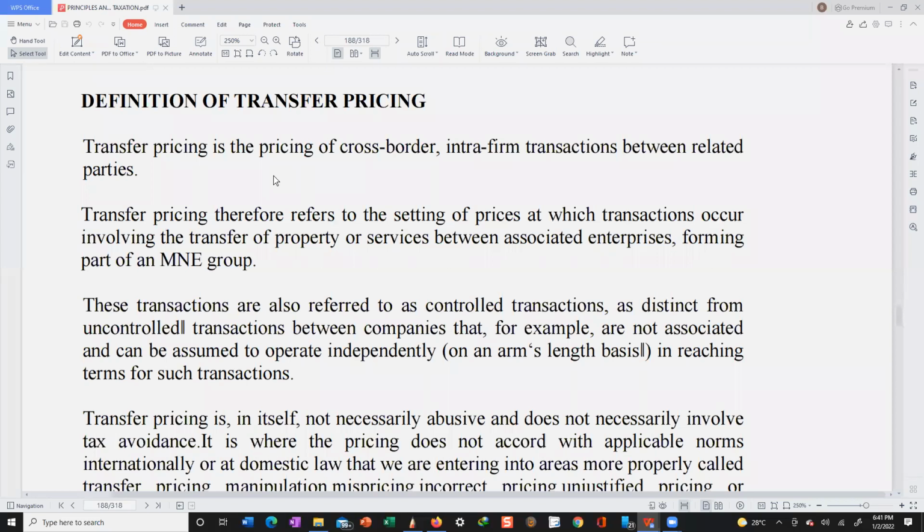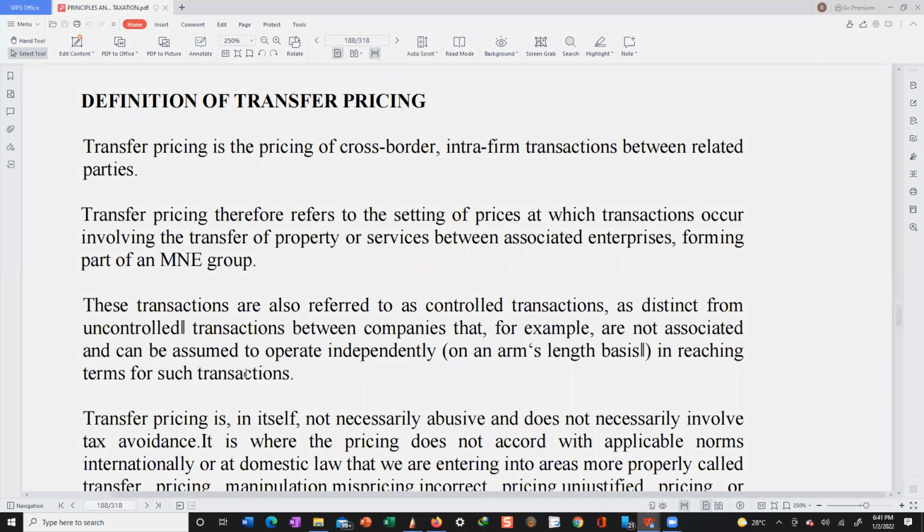So assuming you are in the market and I'm buying something from you, you don't know me, I don't know you. The price which you are going to sell to me is different from when I know you. That is a controlled transaction because we are related in some way.